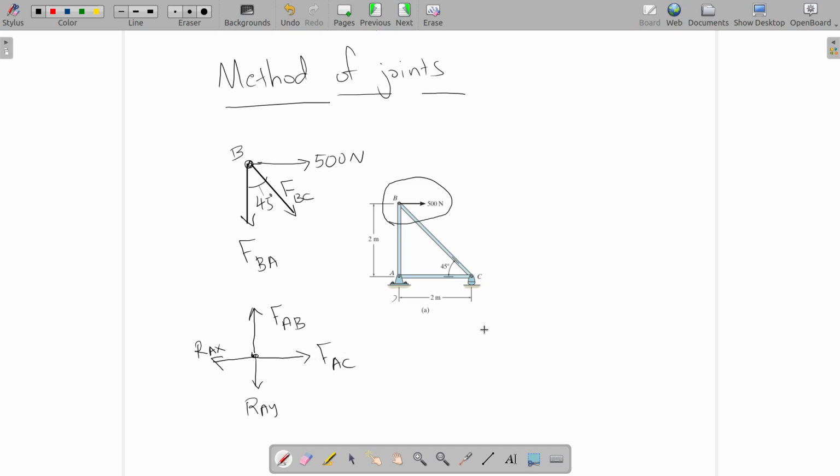There we go. Now consider next joint C. You have FBC, FAC here, and this angle is given here, which is 45 degrees. Now this is a roller support. So remember, for a roller support you cannot have forces which are parallel to the surface on which it rolls. You can only have normal forces.